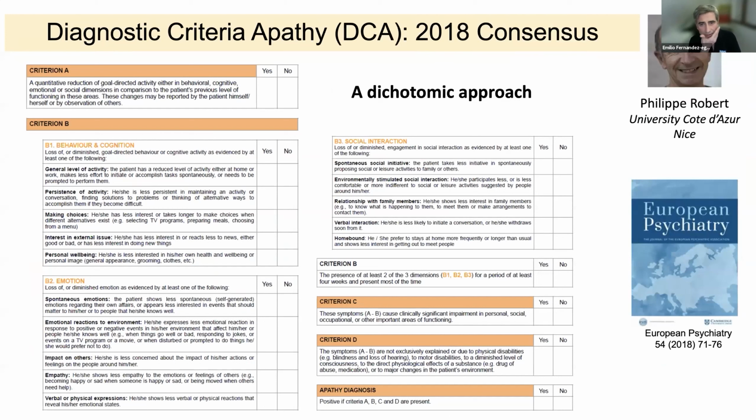In order to improve that, one of the things I did was look at Philippe Robert, who is a consultant and professor in Nice, and who works with people in old age psychiatry.